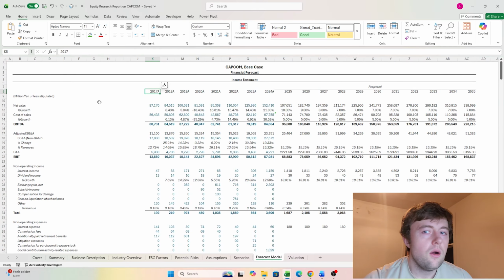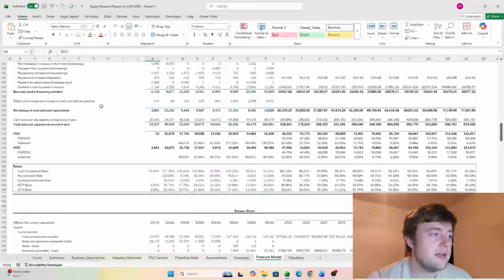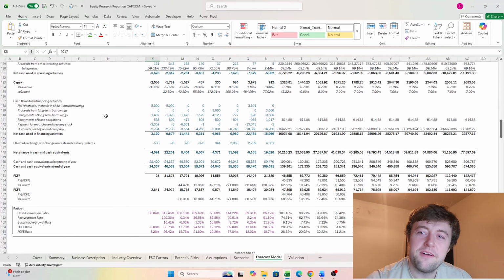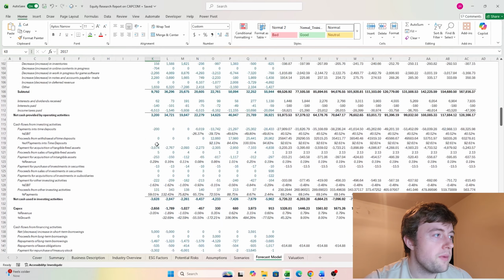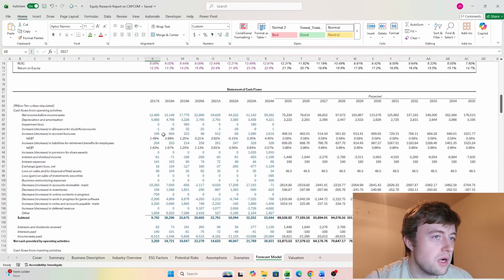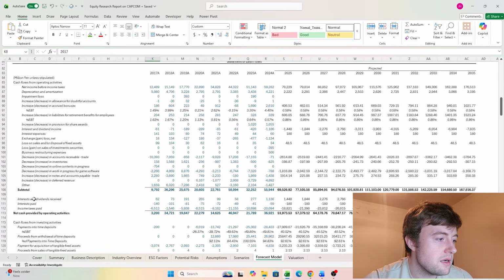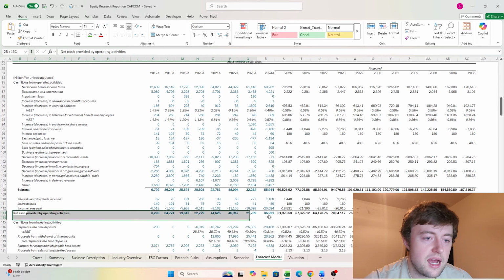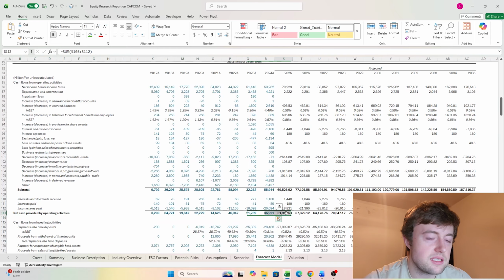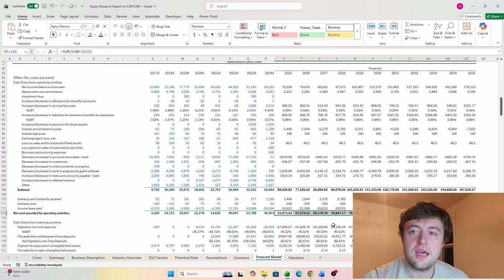We're not going to go through a lesson on financial statement analysis today, but let's flip over to where you're likely going to have the most trouble, which is here. You can see that this is our net cash provided by operating activities. We have projected cash flows up to 2035.